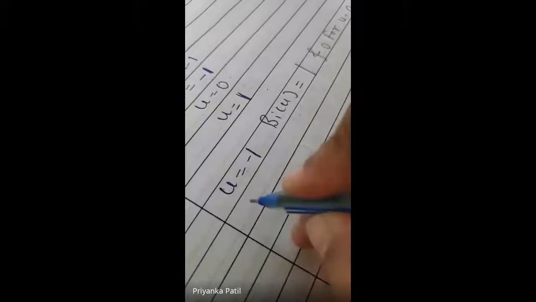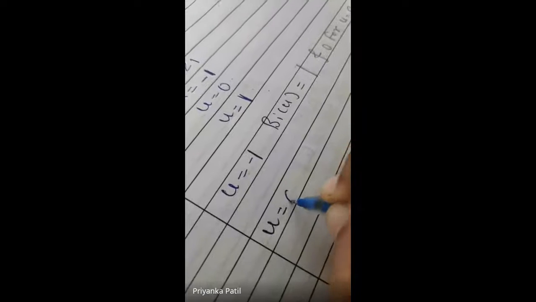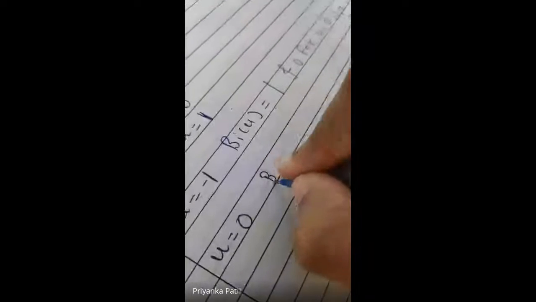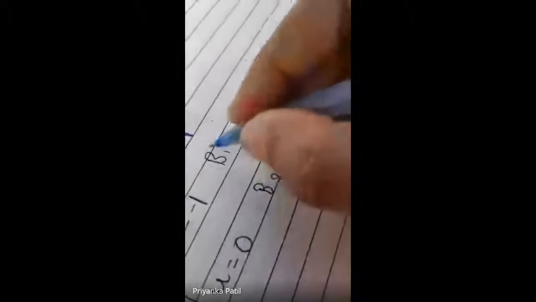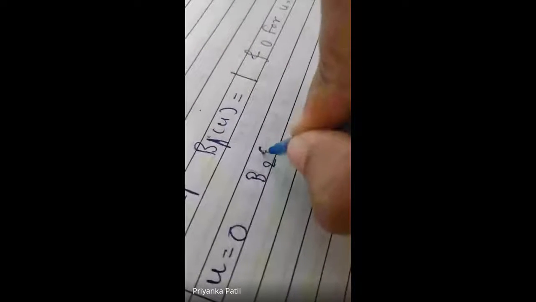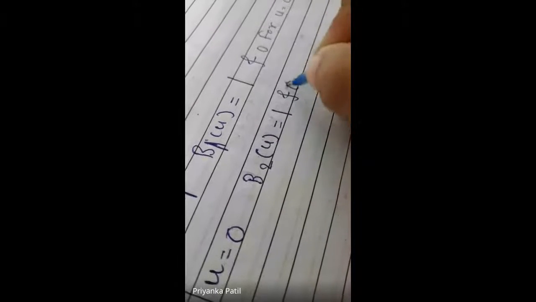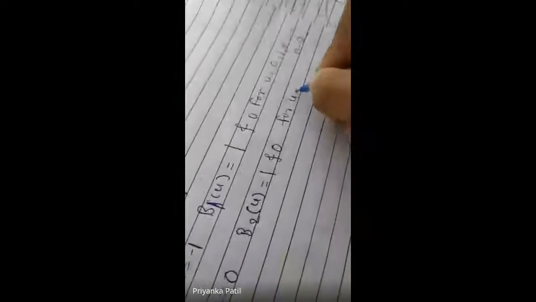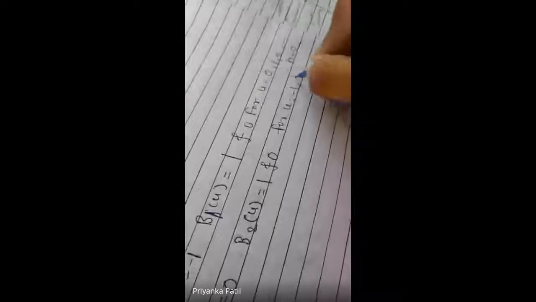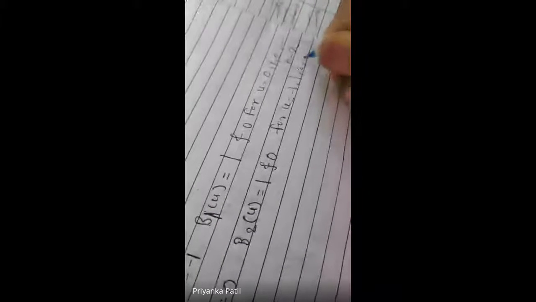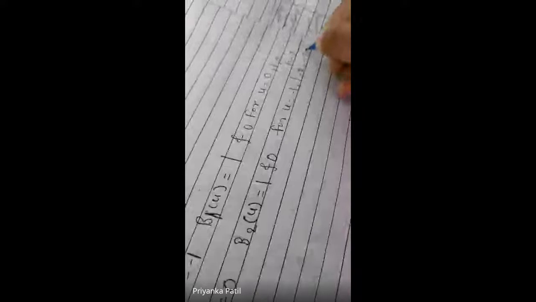Next, where u is equal to 0, here we can consider blending function b2 of u is equal to 1, and 0 for u is equal to -1, 1, 2 up to n minus 2 here.